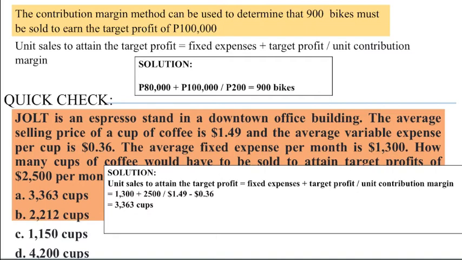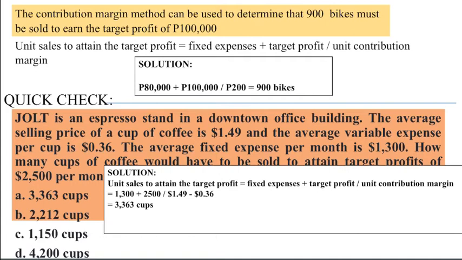Quick check. Jolt is an espresso stand in a downtown office building. The average selling price of a cup of coffee is $1.49 and the average variable expense per cup is $0.36. The average fixed expense per month is $1,300.